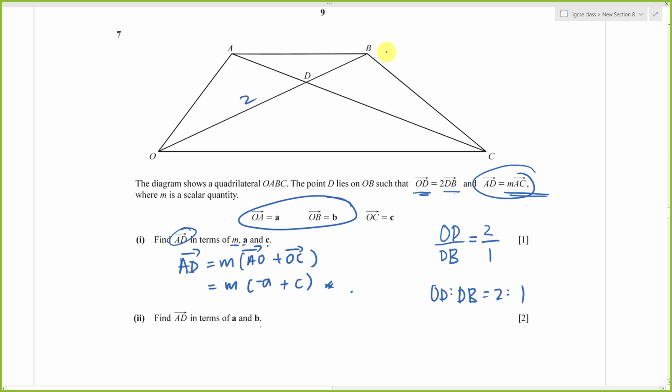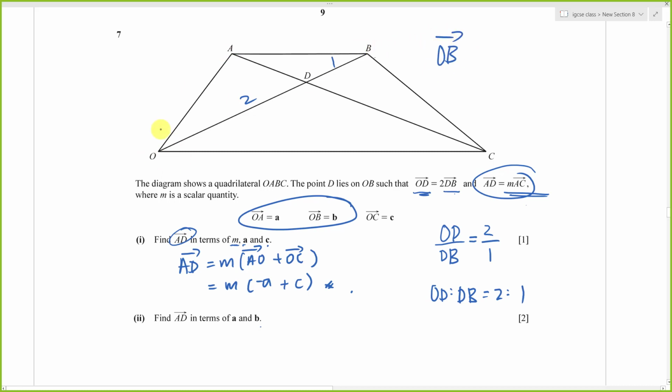OD is 2, DB is 1. But in order to get this, because I want to find AD here, I need to know what the vector for OD is. So in order to get this, I must know what OB is first. Okay, OB will become OA plus AB.